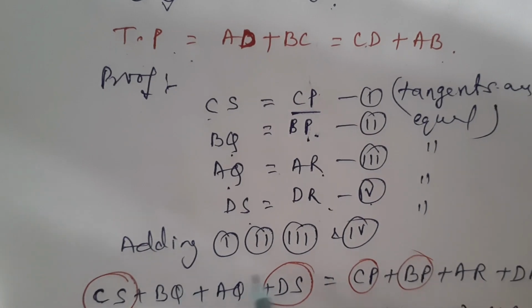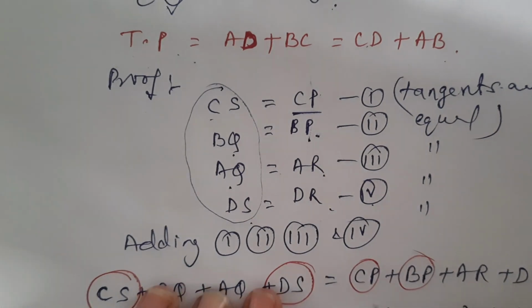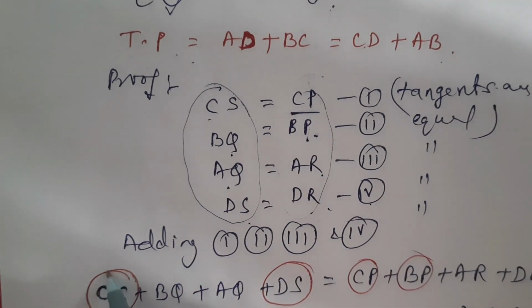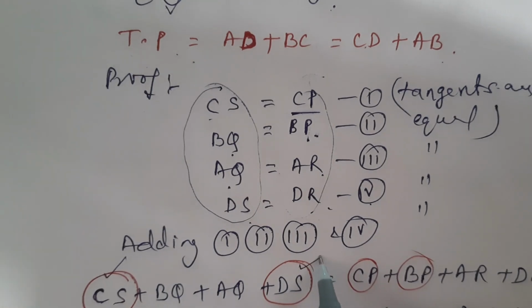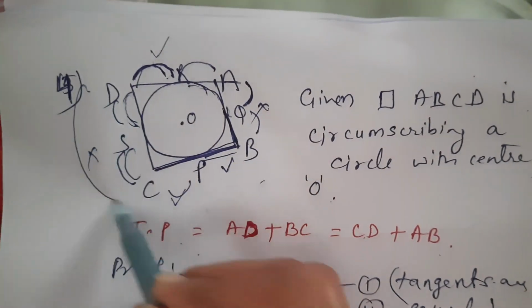Now when we add all the 4 equations, take all the left hand side values towards the left and all the right hand side values towards the right. Now if we combine CS and DS, CS plus DS makes CD.